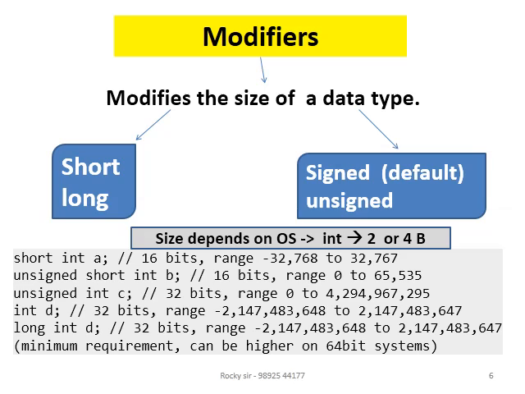So short int will reduce the size only if the integer by default is 4 bytes, and long int would increase the size only if the default size of the integer is 2 bytes.